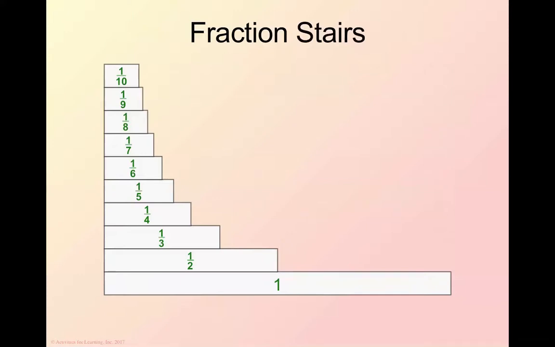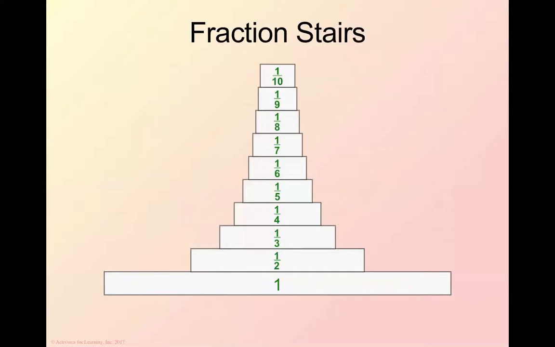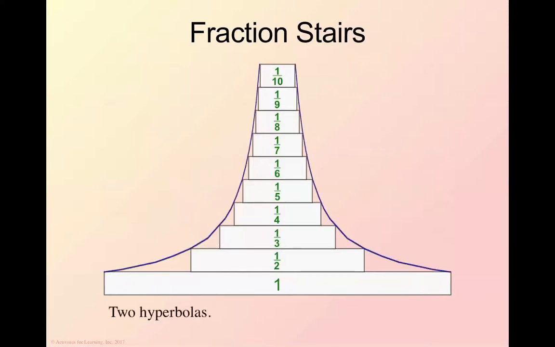Yeah, you can, because again, you see the pattern. This curve is a hyperbola. Now, some of you are going, it's a what-a-la? It's a hyperbola. It's a higher level math thing, but it's interesting how the fraction chart has that. Here's the fraction stairs centered, and now we have 2 hyperbolas.